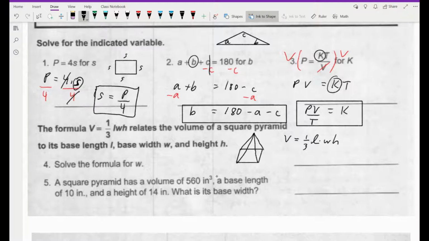Now in number 4, it says to solve for the variable W, the width. So we need to get rid of the 3 in the denominator first. So we'll multiply both sides by 3.